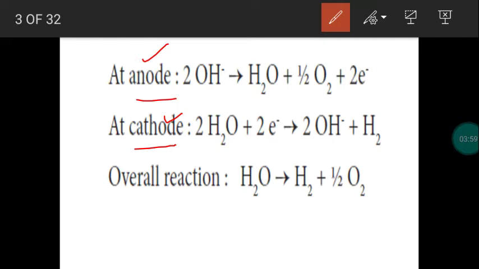Oxidation and reduction take place simultaneously. The process is called a redox reaction, right? So you know what a cell is, how to construct it, and what the reaction will be. Oxidation takes place at the anode, reduction takes place at the cathode. The overall reaction, that is, oxidation and reduction taking place at the same time, is called a redox reaction.